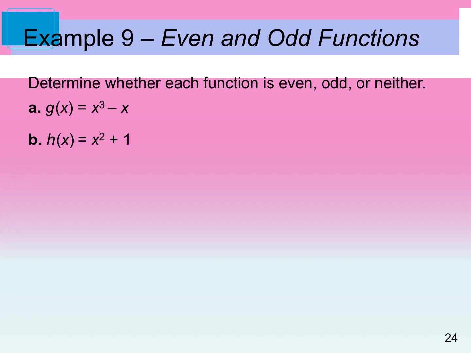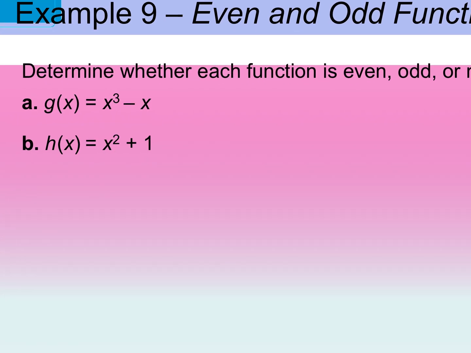So in example 9, we're going to determine whether each function's even, odd, or neither. You can either test it by plugging in negative x and figuring out if the signs change or if it stays the same. I think it's easier and less room for error if you plug in numbers. So I'm going to plug in 2 and negative 2. When we plug in 2, we get 2 cubed minus 2.